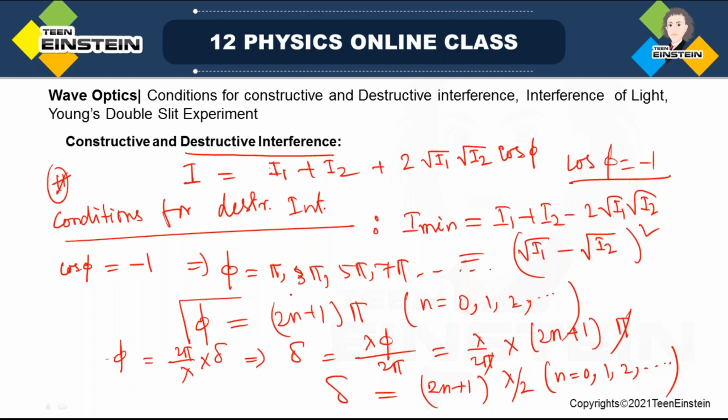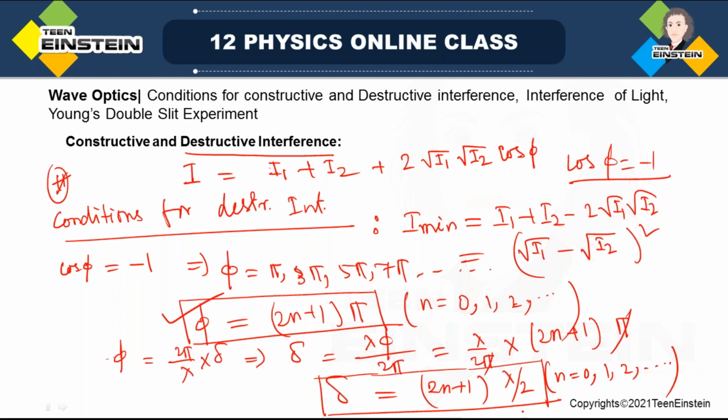So look, I'll just highlight this. This is the condition for destructive interference when the phase difference between two waves becomes an odd multiple of pi. And in terms of path difference, when the path difference between two waves is an odd integral multiple of lambda by 2, or half wavelength.